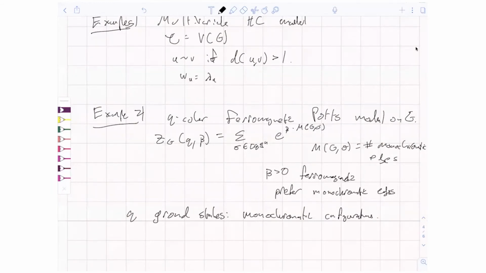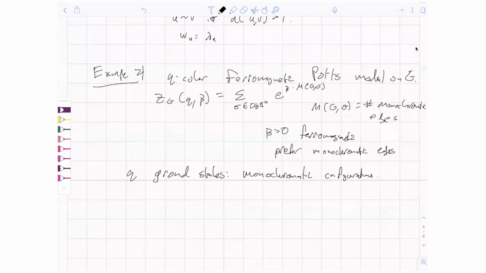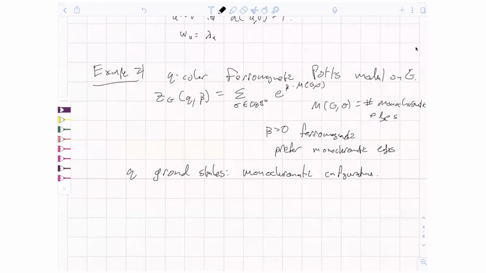And from the pictures that we saw in the first lecture, depending on the graph, but let's say we're on Z^d and beta is very large, so we're at low temperature, we expect to see a configuration that's dominated by one of the Q colors with some sprinkling of other colors as defects. So really this is a prime example to look at from this perspective. Now our goal is to write, or to interpret, this model.